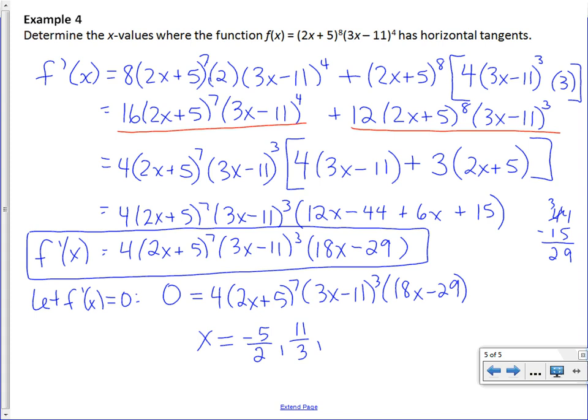And 18x minus 29 is 0 when x is? Everyone knows the rule: opposite constant over the number in front of x. Ooh, look at that, guys. Isn't that fun? I should leave that for Mr. Chance. This is grade 9.